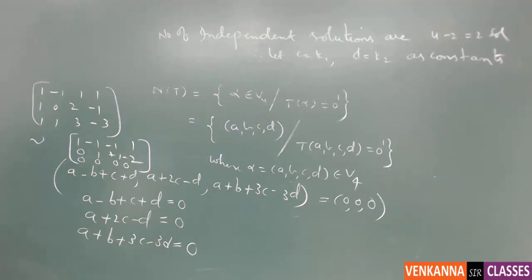Since you know how to solve the respective equations while introducing the constants, if you substitute the respective values there, then you will get the basis for the null space of the transformation. I think you know how to apply the constants there. You agree or not? Right.